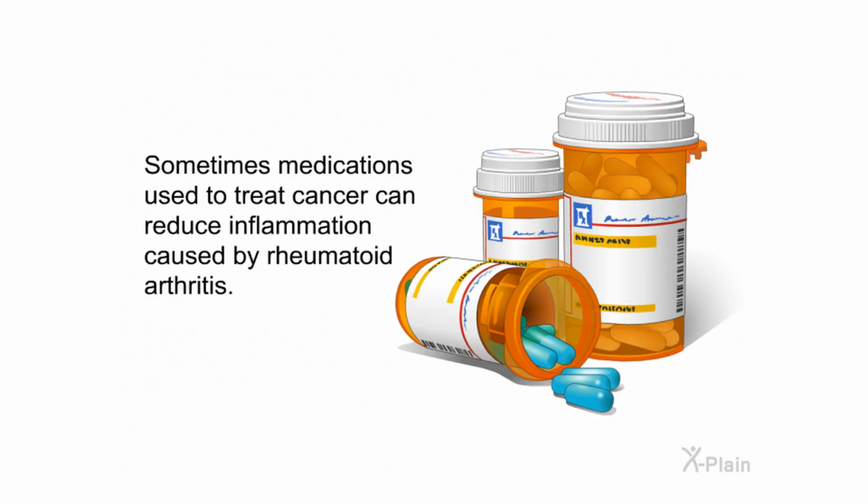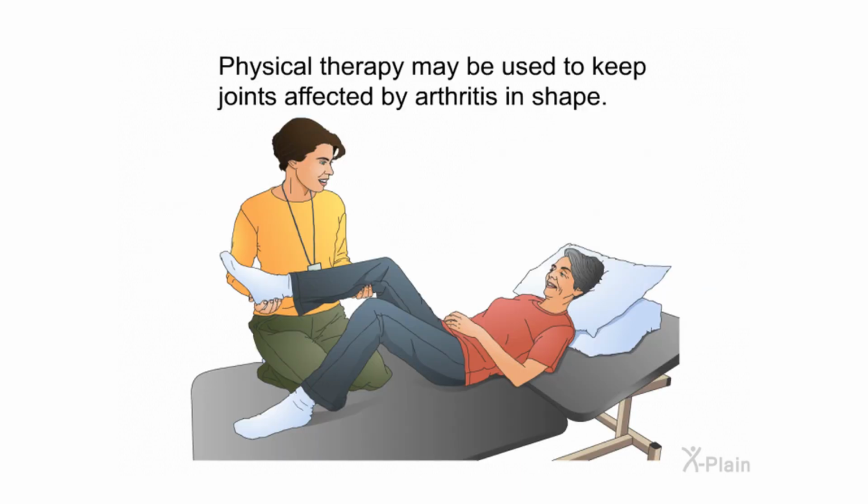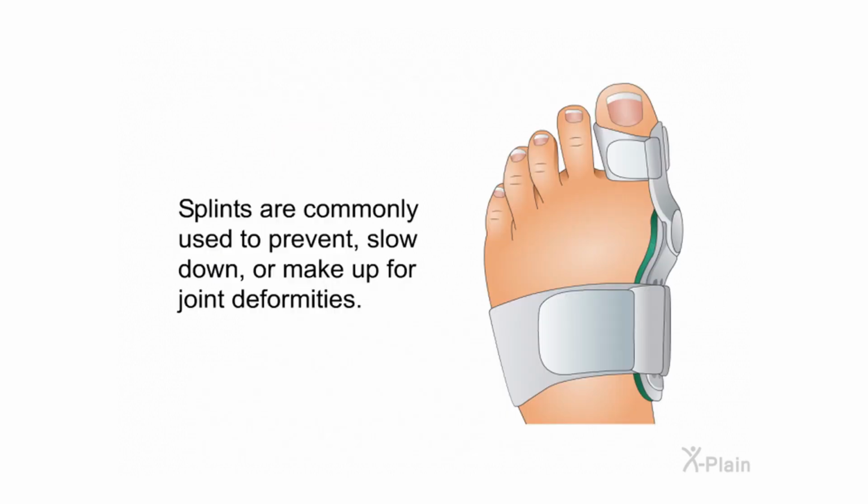Sometimes, medications used to treat cancer can reduce inflammation caused by rheumatoid arthritis. Physical therapy may be used to keep joints affected by arthritis in shape. Splints are commonly used to prevent, slow down, or make up for joint deformities.